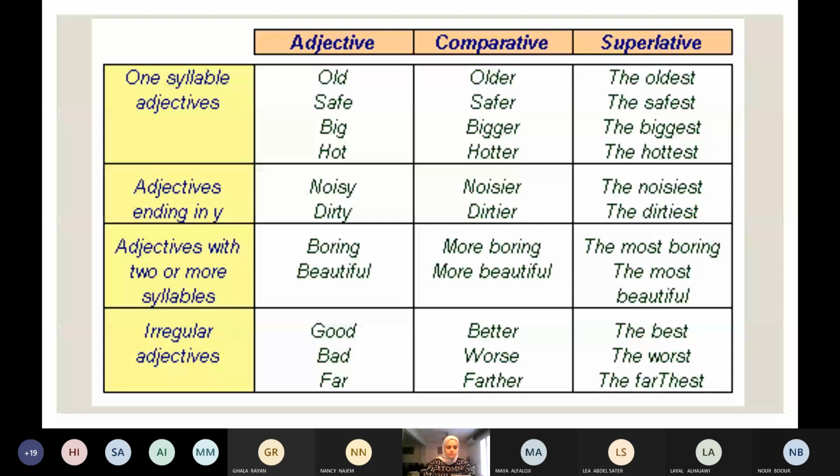Okay, number 2, Ragad. Nancy? Yes, miss. Yes, Nancy. Teacher, which page? 224. Okay.